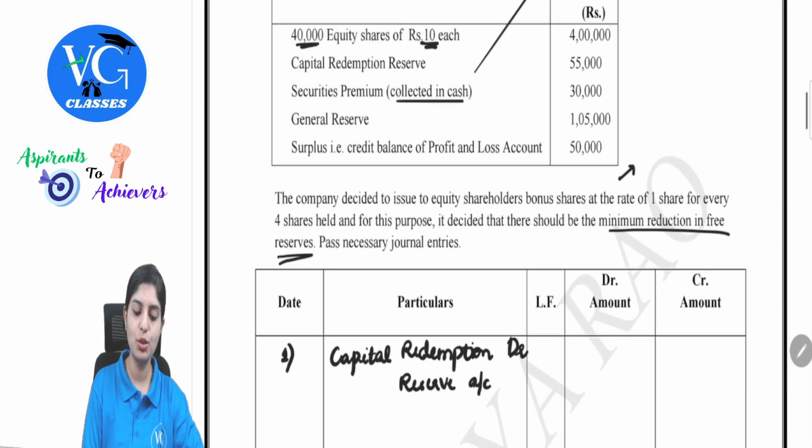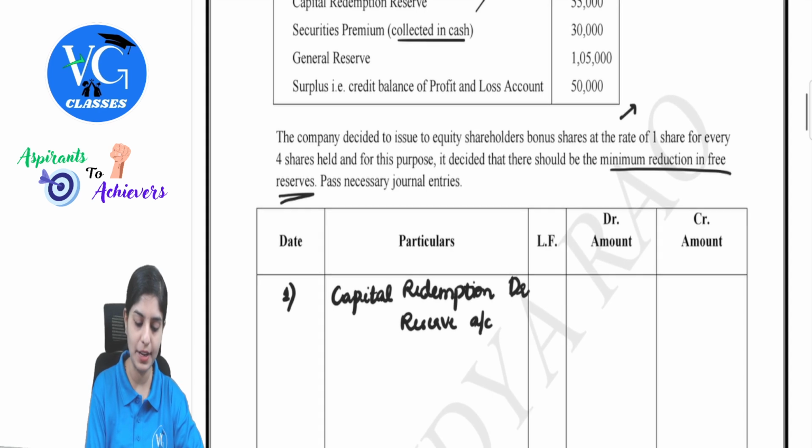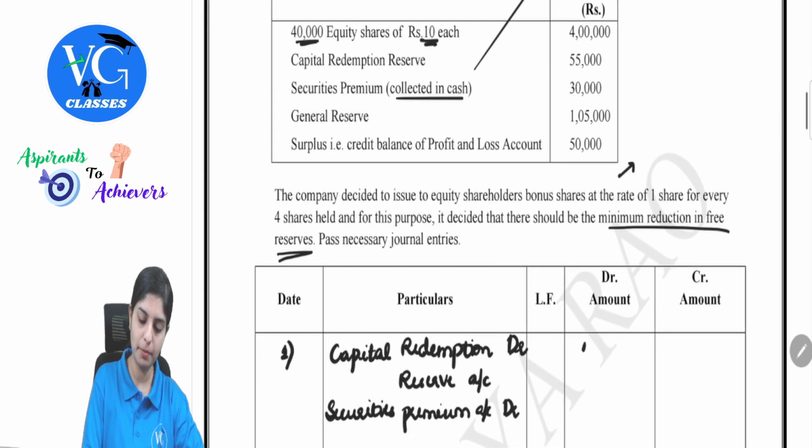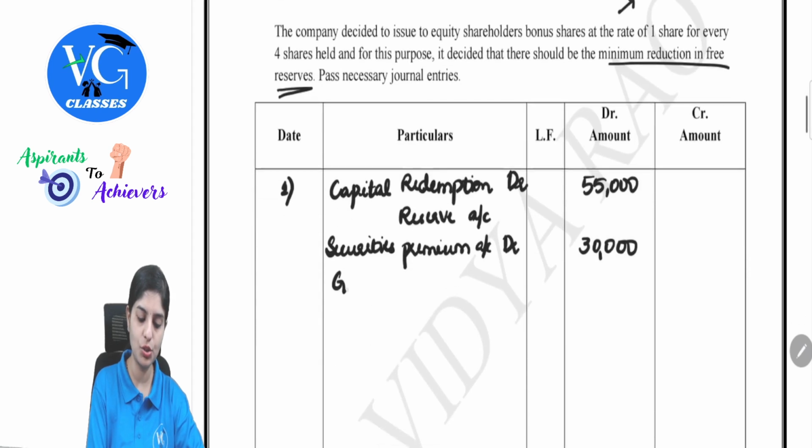Then there is no capital reserve. Then we have securities premium. Full is collected in cash, so we will make use of the same. Securities premium account debit. What was the capital redemption reserve balance? 55,000. Securities premium 30,000.